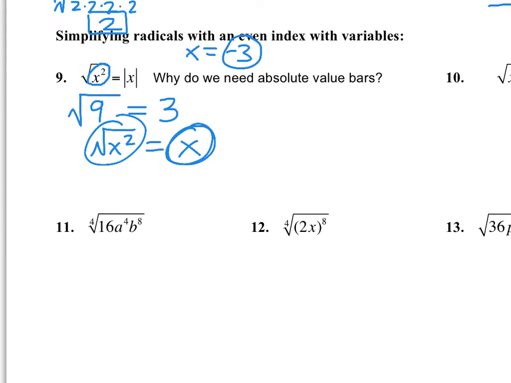Alright, so when do we need absolute value and when do we not? You need absolute value, so you could write this somewhere, when there are 2 requirements. 1, the index is even.